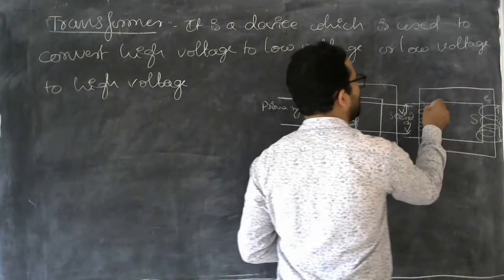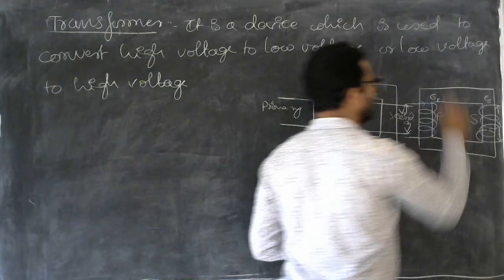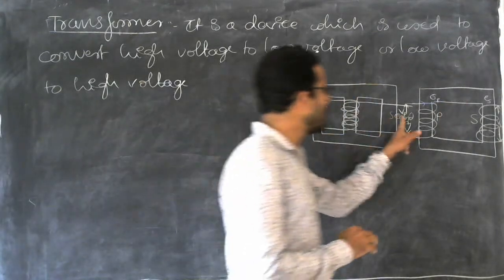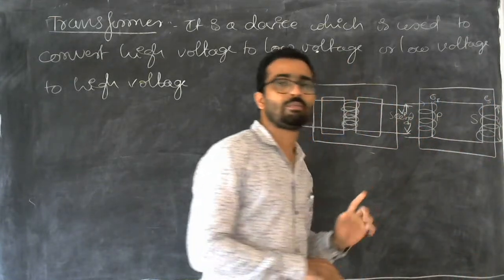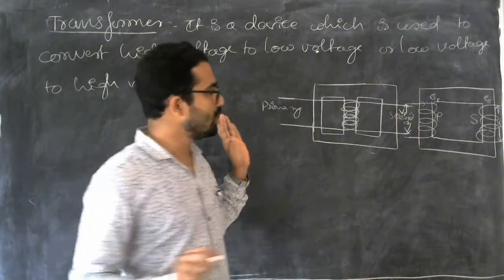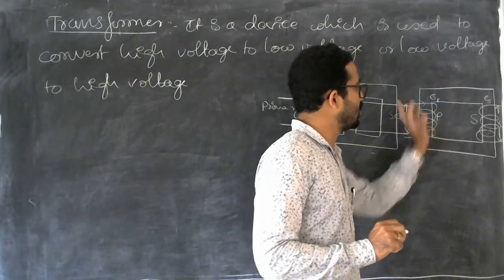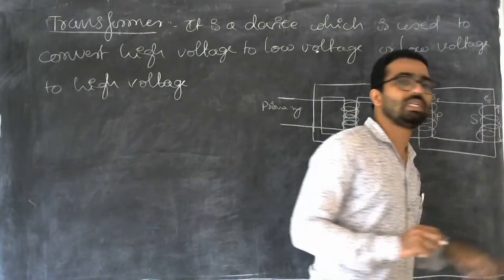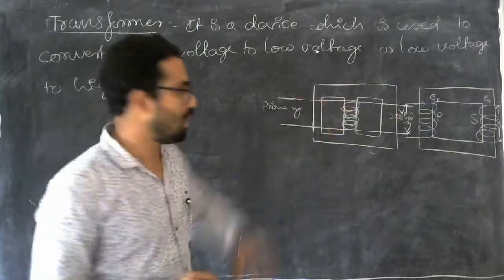And the back EMF produced in the primary coil can be called EP. So I have defined 4 terms: VP, EP, ES, and VS. VP is the voltage supplied to this coil. EP is the induced EMF in the primary. ES is the induced EMF in the secondary coil. VS is the voltage developed across that terminal.